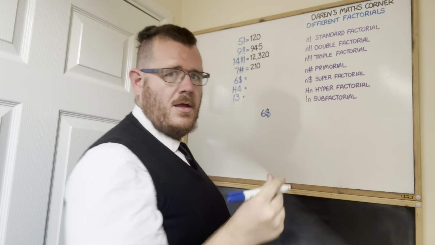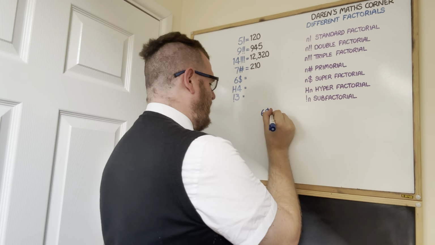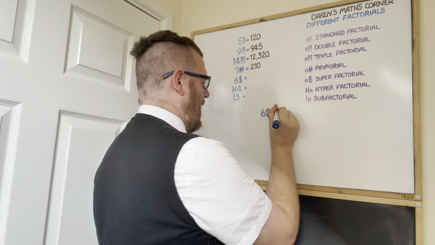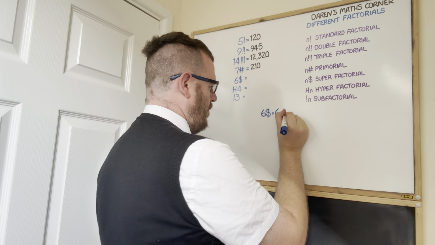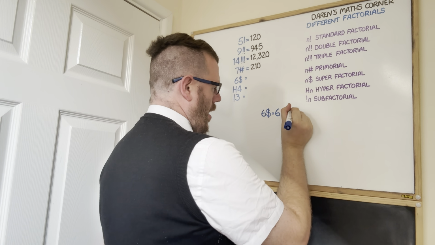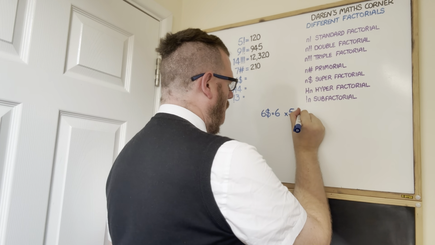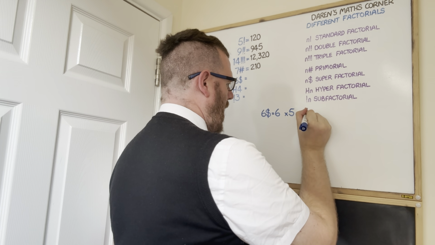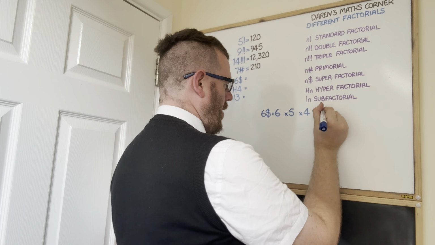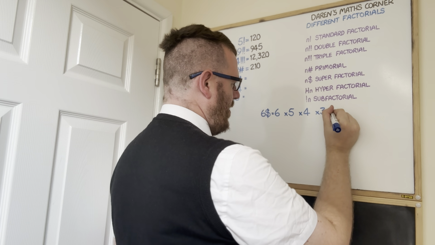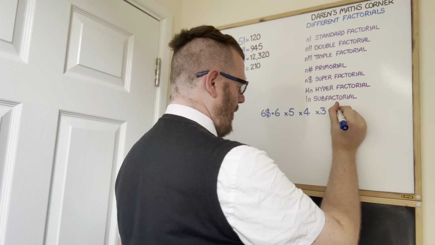So normally, when you're working out a standard factorial, you are just multiplying the whole integers leading up to it or leading away from it, whichever way you wish, because you get the same answer regardless of how you do it.